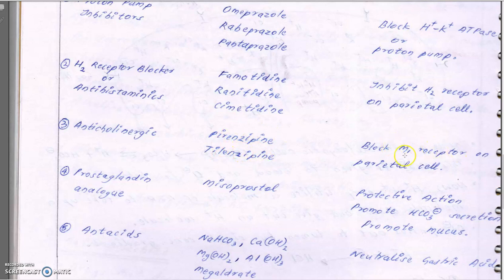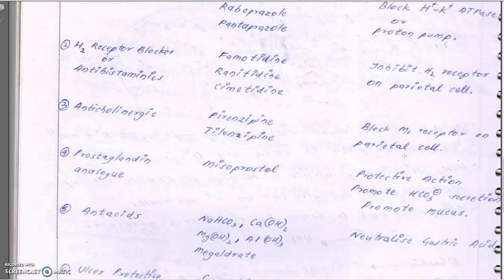They block the M1 receptor on the parietal cell. Next, the prostaglandin analogs. In the main three options, we used blockers, but here we are using analogs because whenever a prostaglandin molecule binds to PGE2 receptors situated on the parietal cell, acid production decreases. So, misoprostol is used as a protective agent.